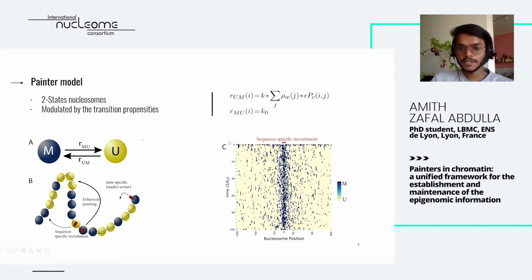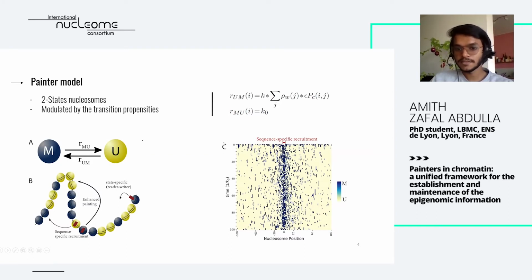Let's look at a 200 nucleosome region like this. We start off initially with a random state, random blue and yellow nucleosomes, like we see here. At position 0, we have the region where sequence-specific recruitment happens. So we have enzyme recruitment here.